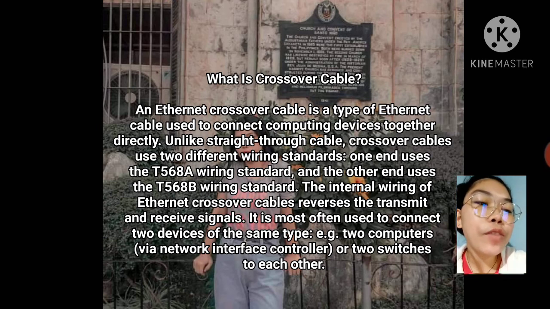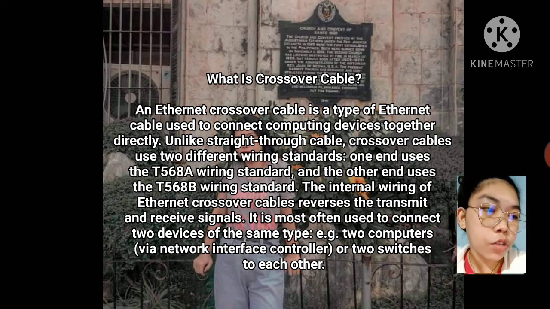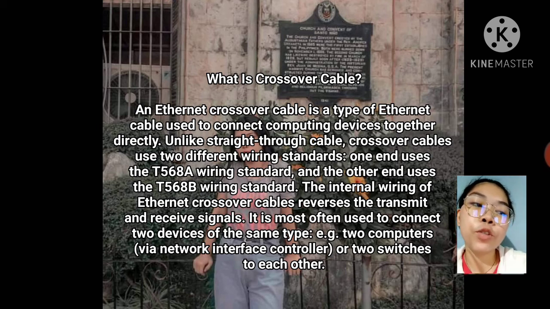The internal wiring of Ethernet crossover cables reverses the transmit and receive signals. It is most often used to connect two devices of the same type. Examples are two computers by a network interface controller, or two switches to each other.